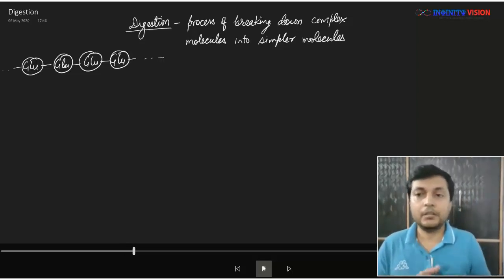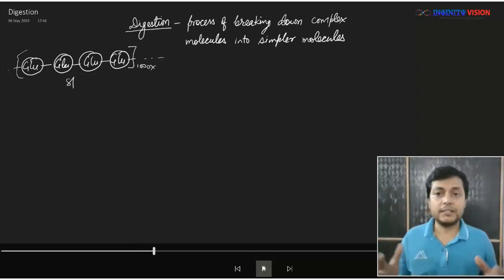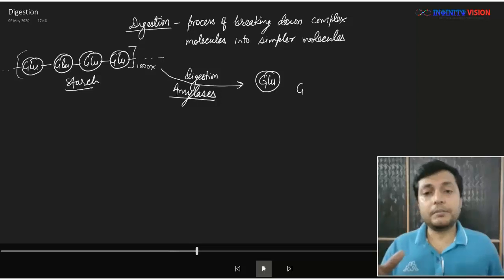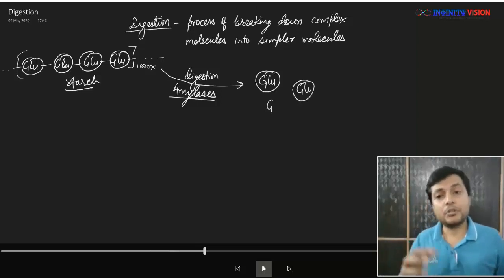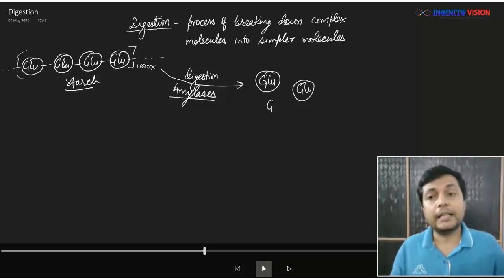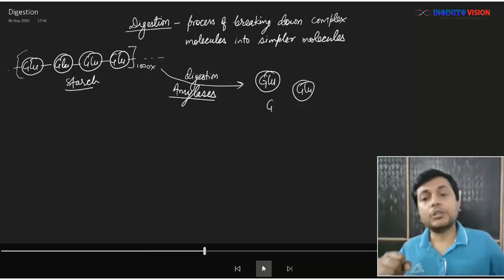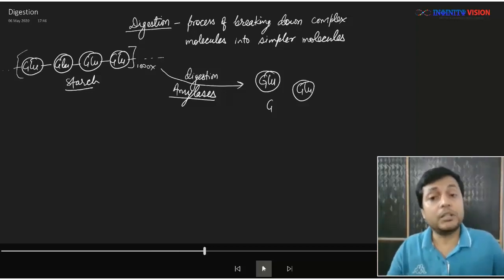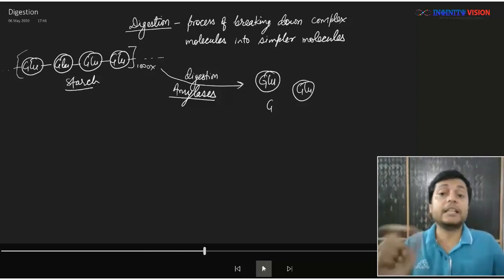Let's see. So this is starch, which is made up of thousands of glucose molecules. The process of digestion takes place with the help of enzymes, okay? And here, the enzymes that act on carbohydrates or polysaccharides are known as amylases.